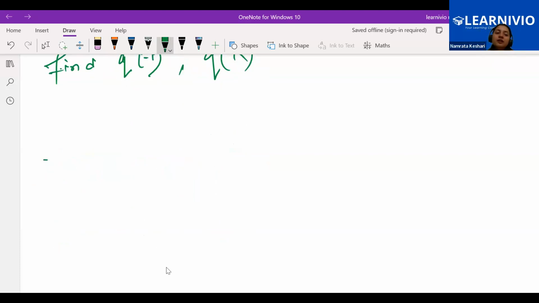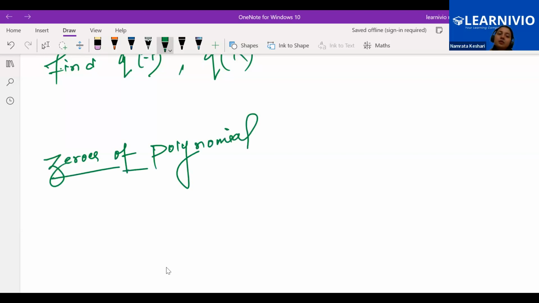Now the next part, that is zeros of the polynomial. Now we will see how to find the zeros of any polynomial and what exactly is the meaning of zero of the polynomial.